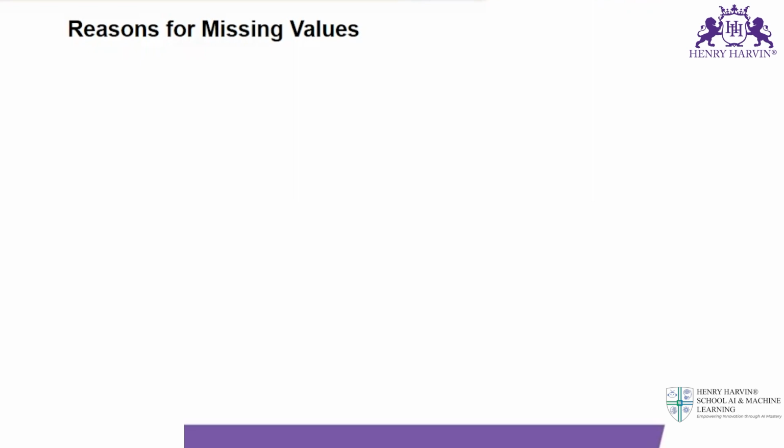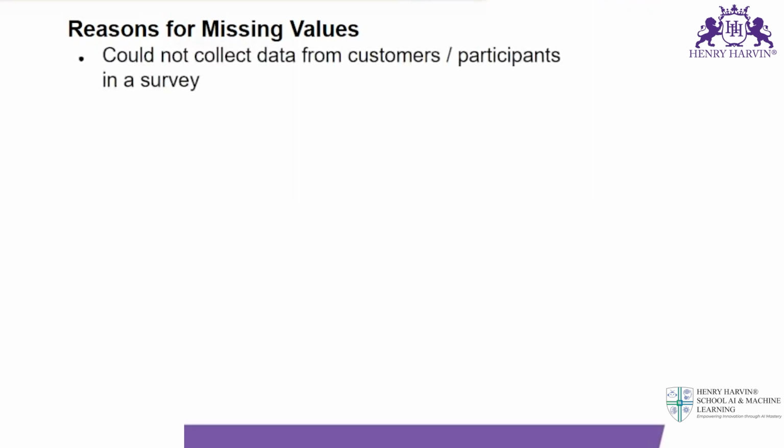Some of them can be that you were not able to collect data from customers or participants in a survey. Why can that happen? You created a form or a survey, and you might not have made all the fields mandatory to be filled, and participants just skip that part. So those values become missing values.